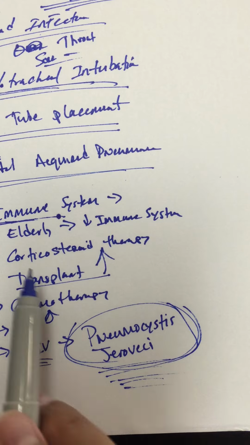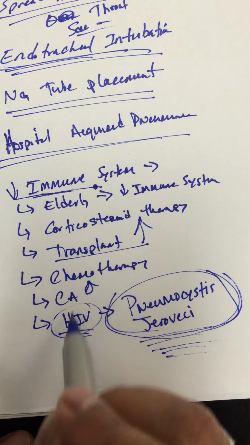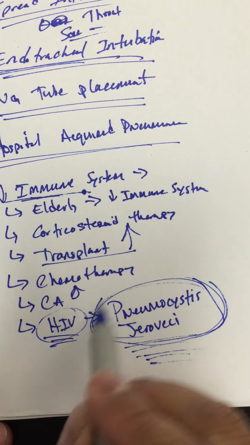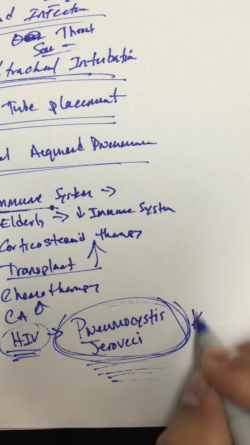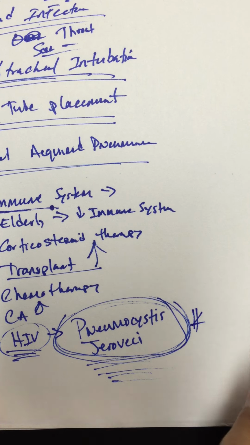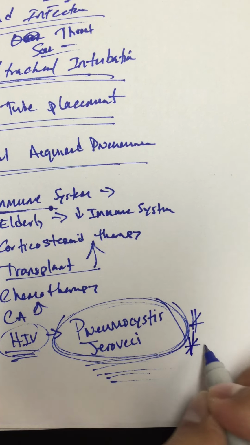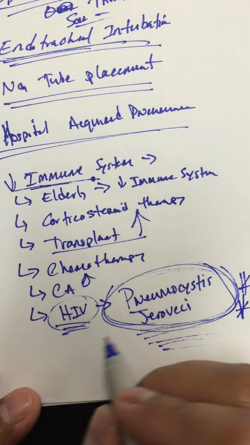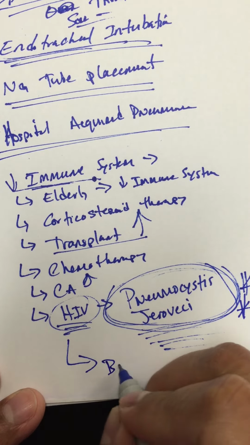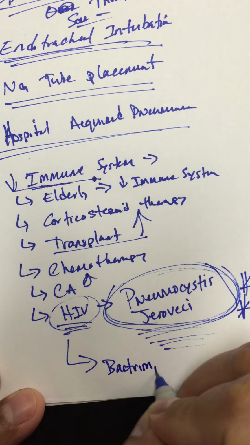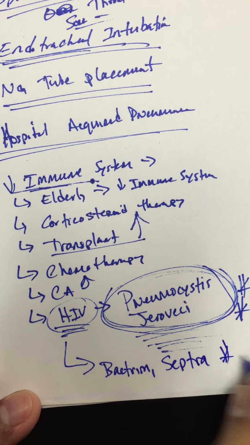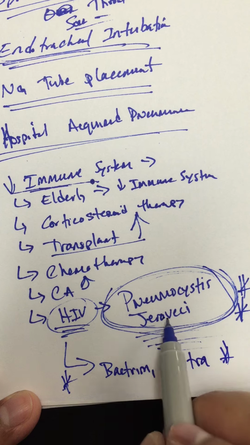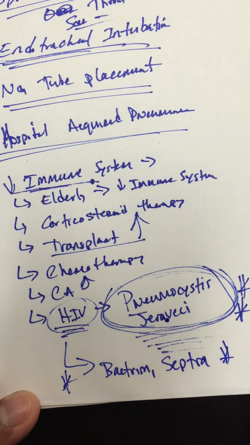But in an immunocompromised patient or in a patient with HIV, this will cause severe pneumonia. So make sure you know this for the NCLEX exam. Again, Pneumocystis jirovecii. For these patients, typically they will be treated with something like Bactrim or Septra. Again, this is found in immunocompromised patients.